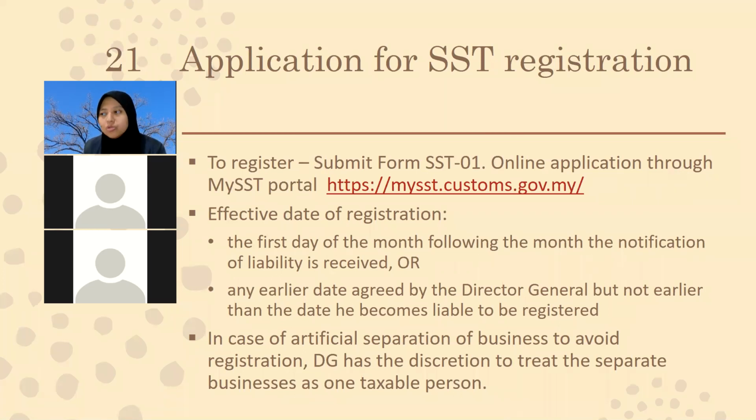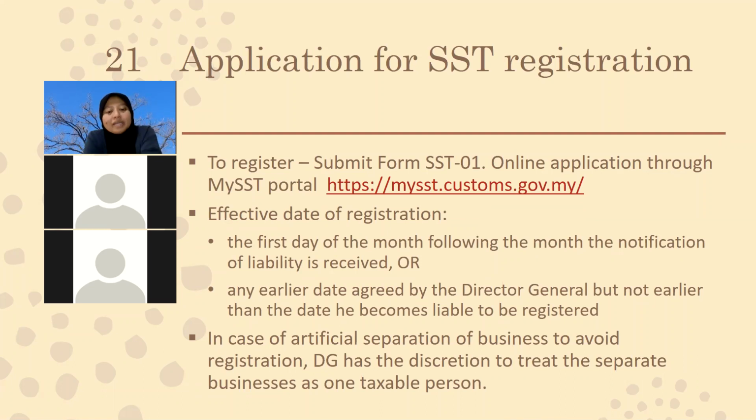Most companies are using online application and online submission because the accounting software that they're using is connected to the MySST portal. So it's easy for them to link from the accounting software to what they have to fill in on the MySST portal.